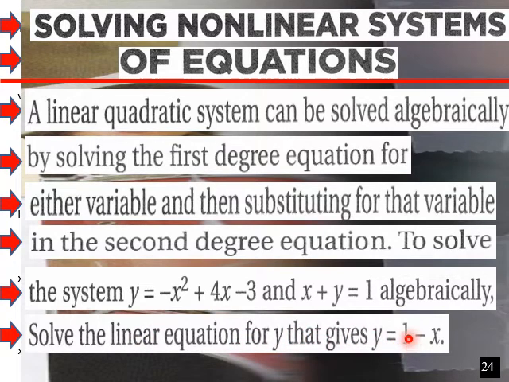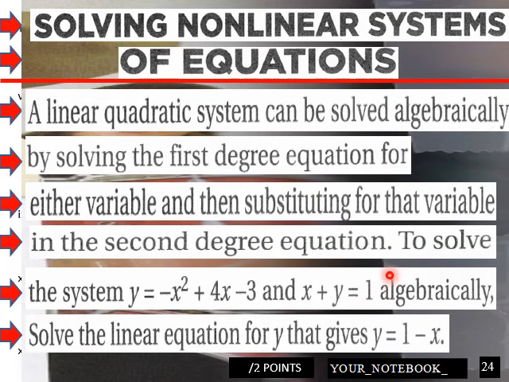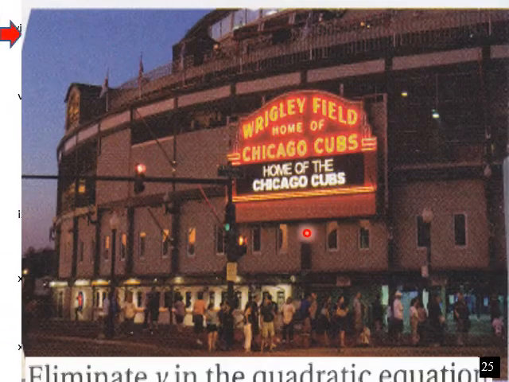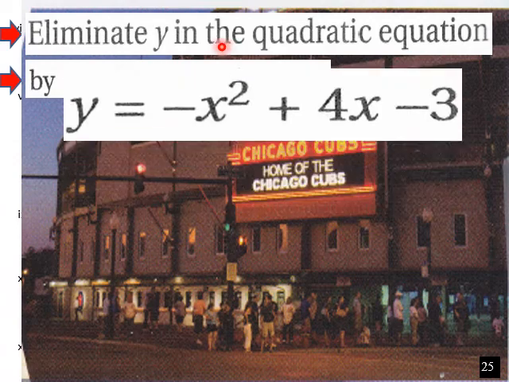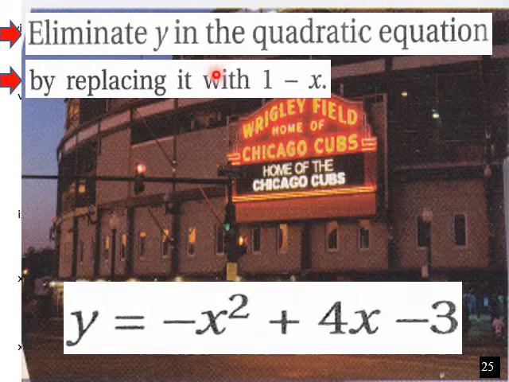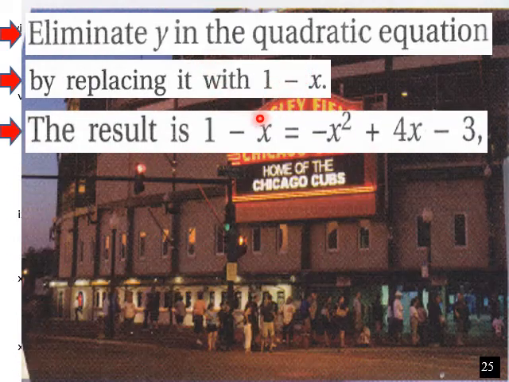That gives y equals 1 minus x. Then eliminate y in the quadratic by replacing it with 1 minus x. The result is 1 minus x equals negative x squared plus 4x minus 3.